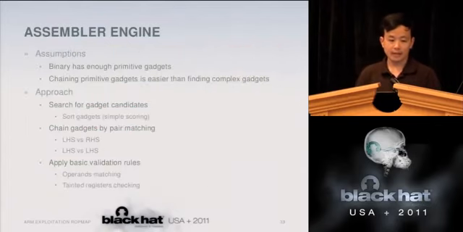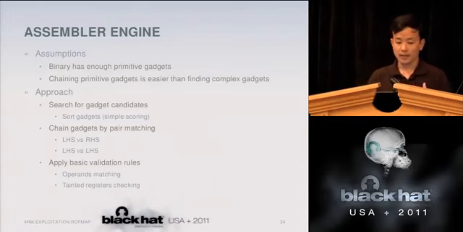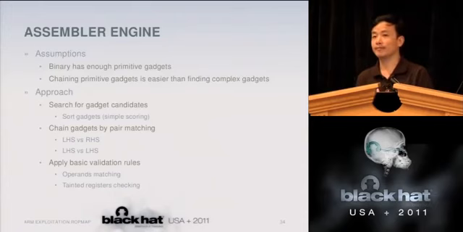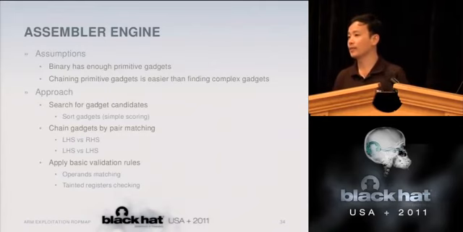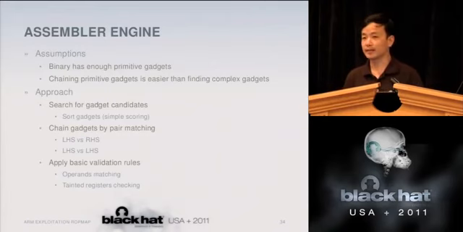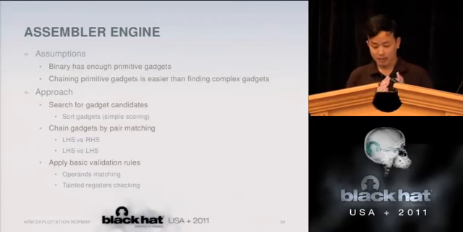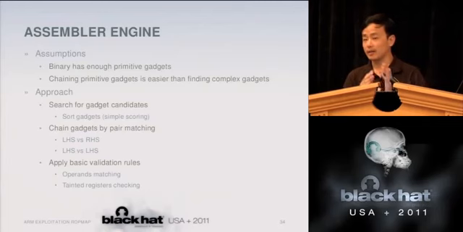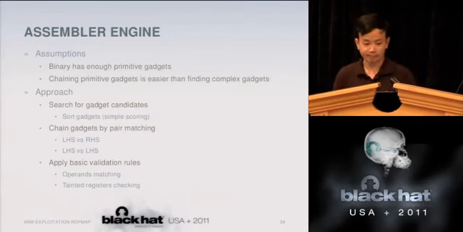In order to convert from ROP shellcode or ROP instructions to a chain of gadgets, we build an engine called the assembler engine to automatically search for the gadgets and chain them together.